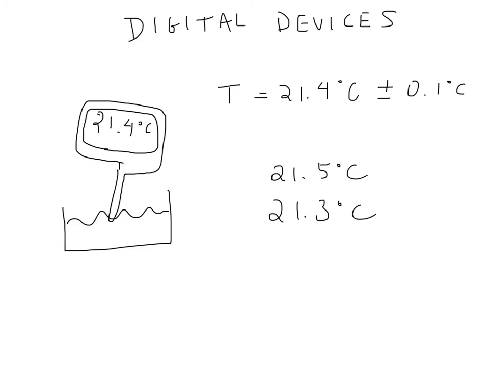In this case, my device can only measure to the 10th place. It doesn't measure the 100th place. So it only measures the 10th place. Thus, the uncertainty is 1 in the 10th place, or 0.1.